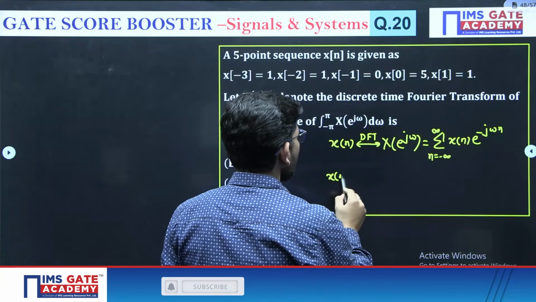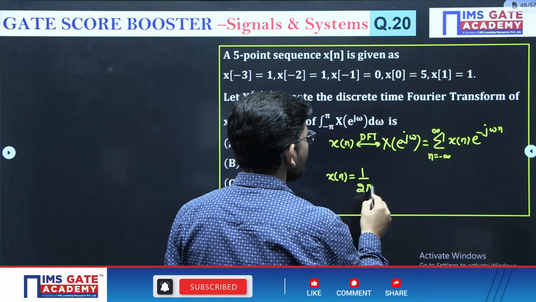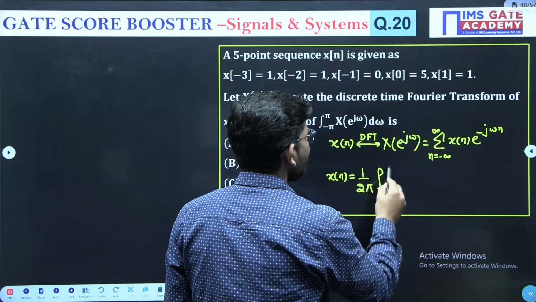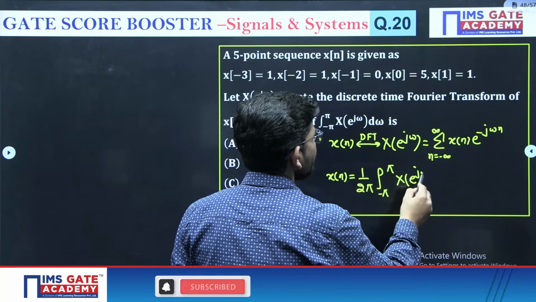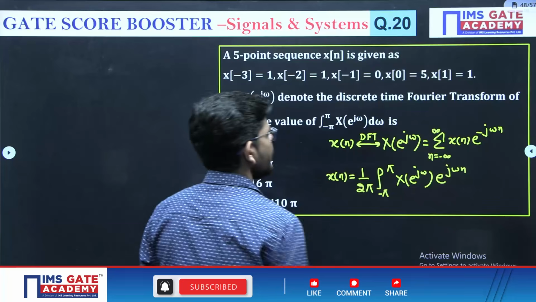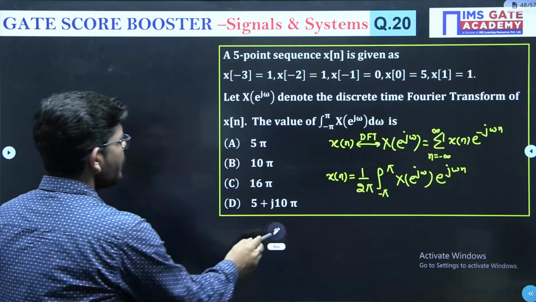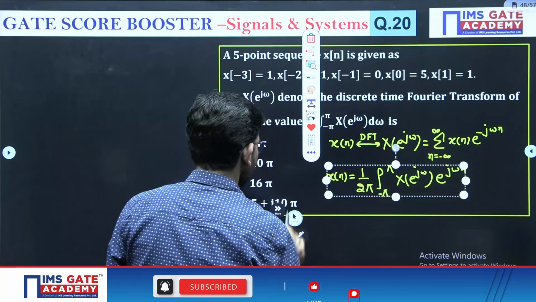Or the inverse DTFT formula: x of n is 1 upon 2 pi, integral from minus pi to pi, X of e to the power j omega times e to the power j omega n. Correct? Now we will take the help of this formula, the inverse DTFT formula.